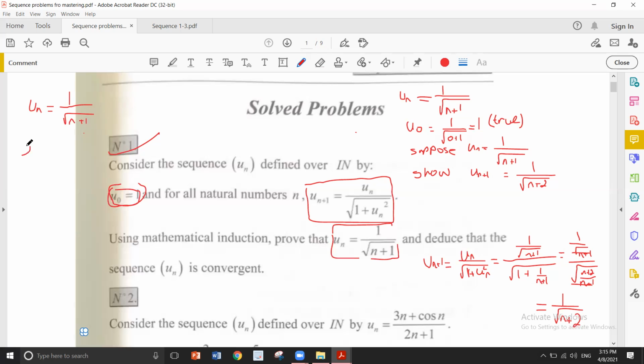So the limit as n tends to plus infinity of un equals the limit of 1 over radical n plus 1.